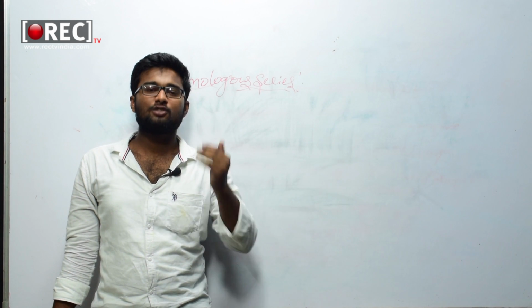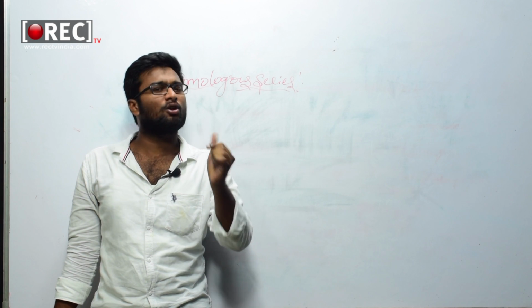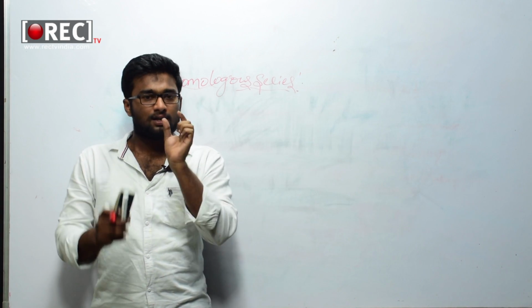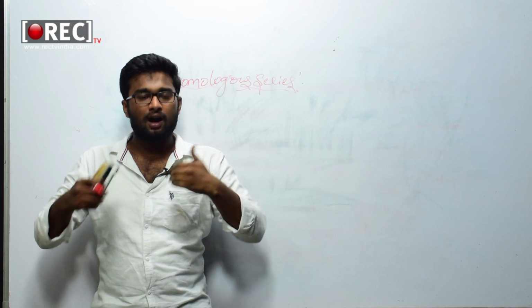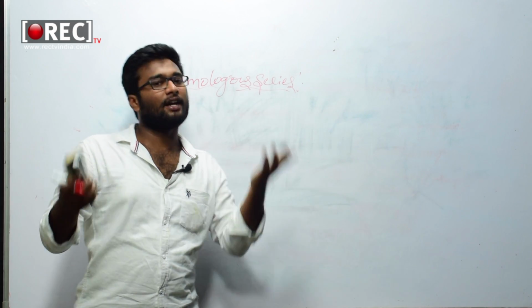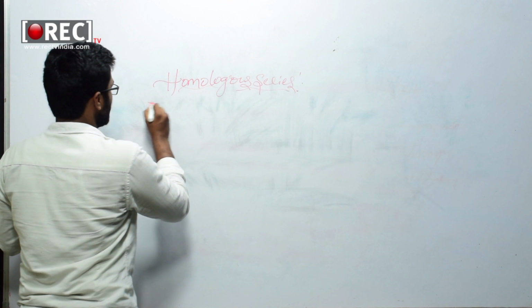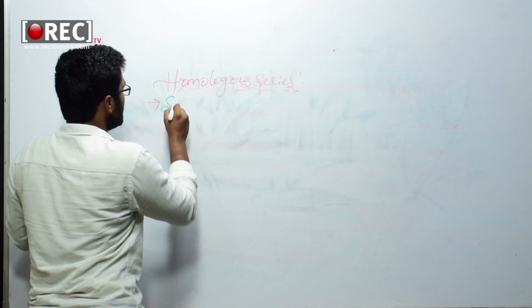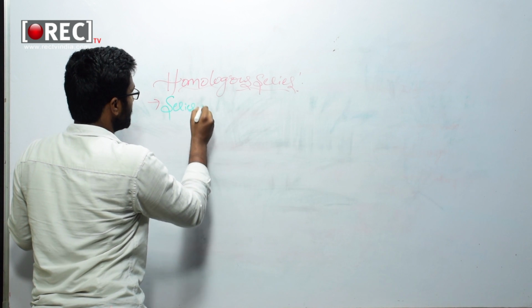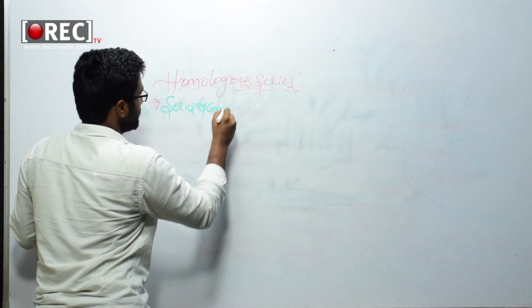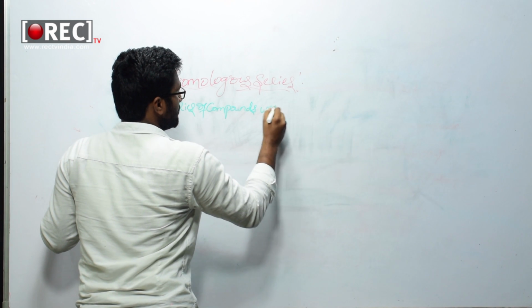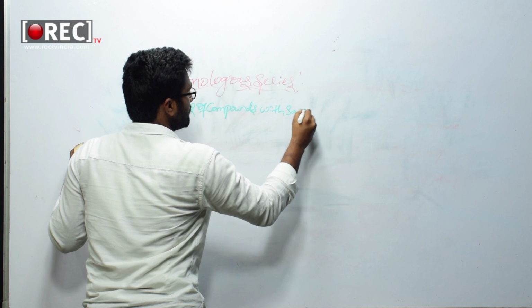The backbone of the compounds is the same, but the compounds derived from the general formula are a very wide variety and are very different. How to define homologous series? A series of compounds with the same general formula.